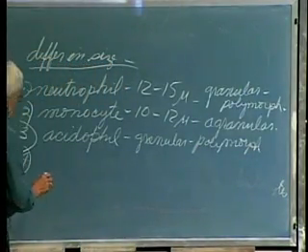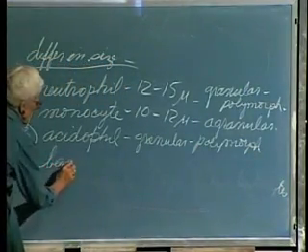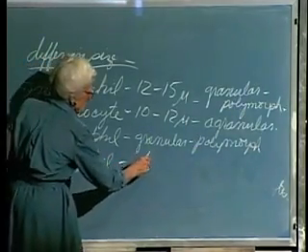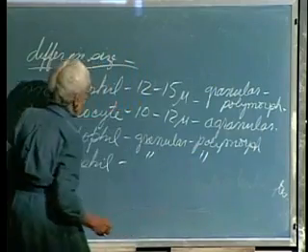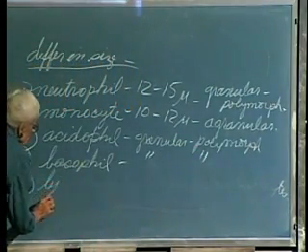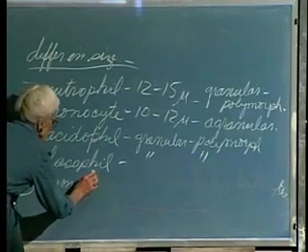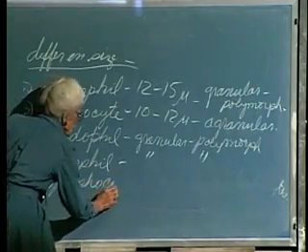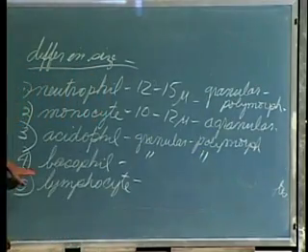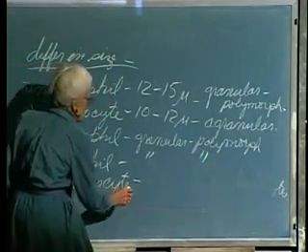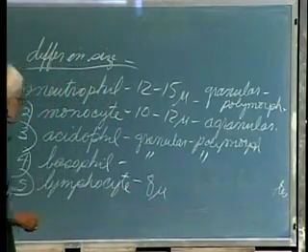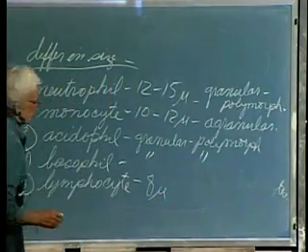And 4 will be the basophil, and it's also a granular polymorph. And the last one is the lymphocyte. Most people in today's world know lymphocytes. This is down to about 8 micra in diameter, almost the size of an RBC, and it is agranular.